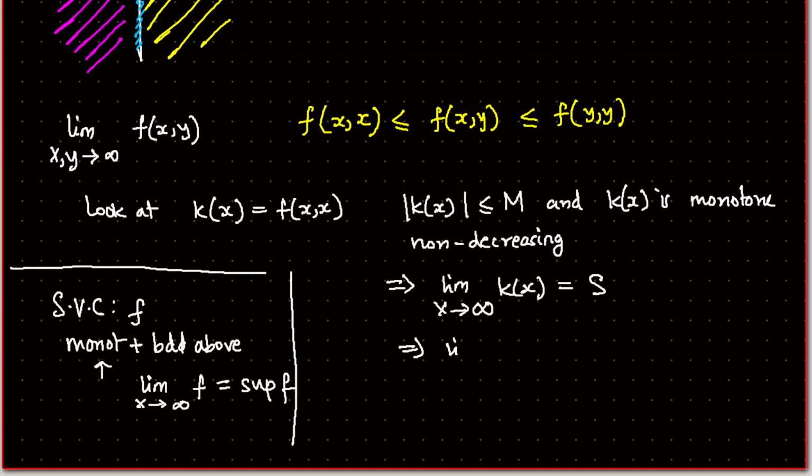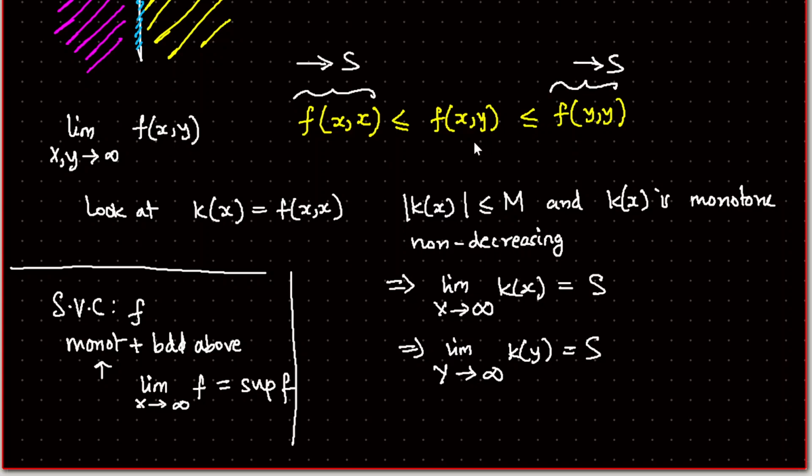Similarly, if you increase y, take k of y, this will also be s. Now observe that by this inequality, the left hand side goes to s and the right hand side also goes to s.